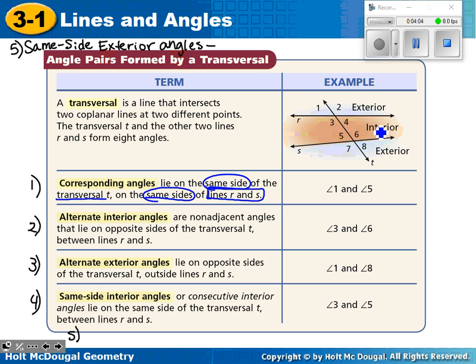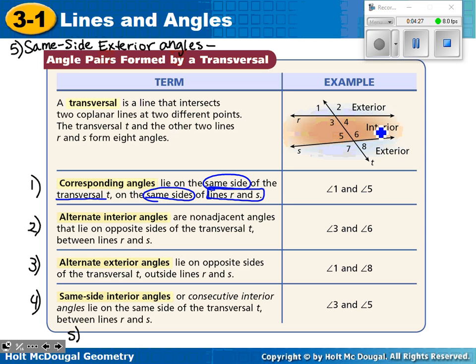But which 2 angles are on the same side of the other 2 lines? So 3 is below this line. So what other angle is below this line? 3 and 7. Okay, we're a little weak on that. Let's try again. So notice with me, these are all on the left.